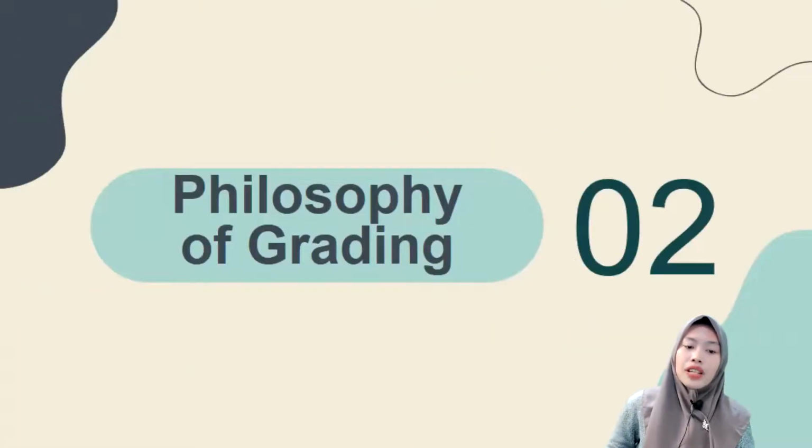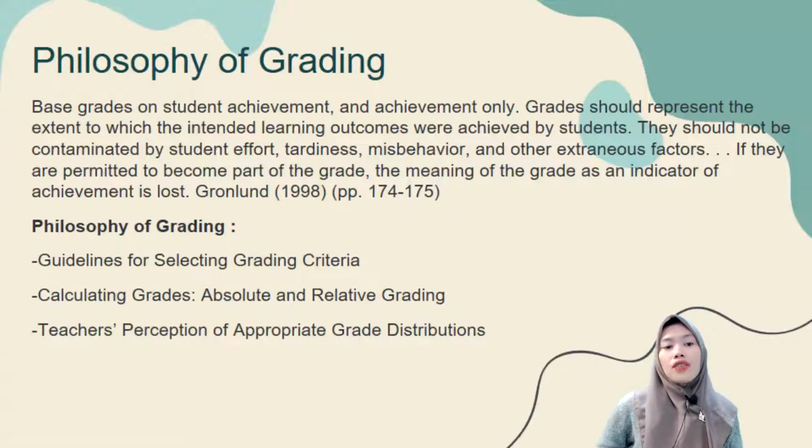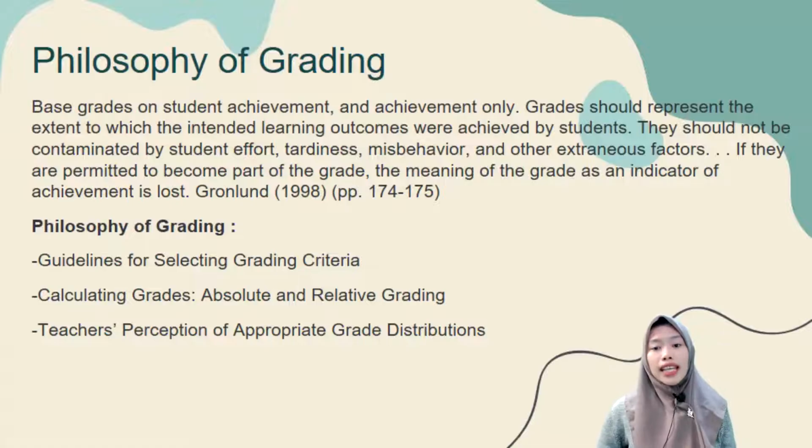And then the second is philosophy of grading. Philosophy of grading bases grades on student achievement and achievement only. Grades should represent the extent to which the intended learning outcomes were achieved by students. They should not be contaminated by students' effort, tardiness, misbehavior, and other external factors.